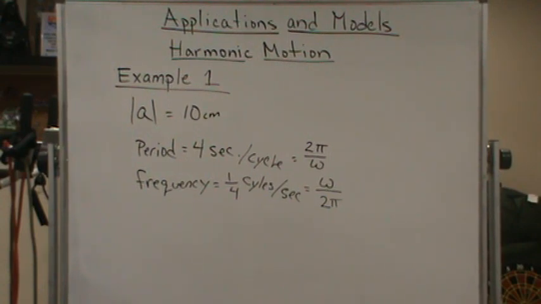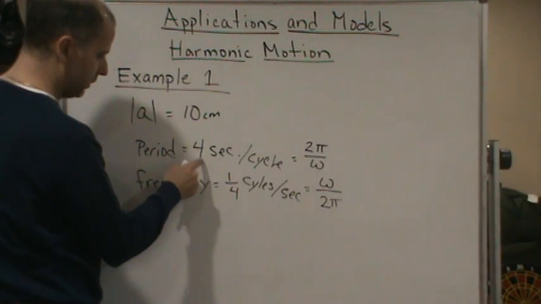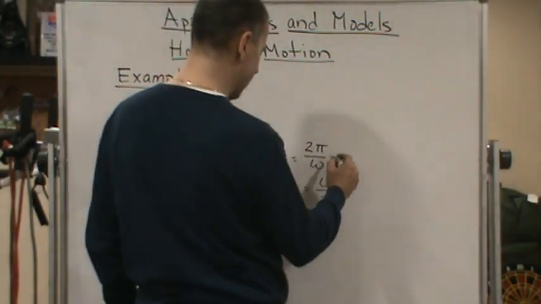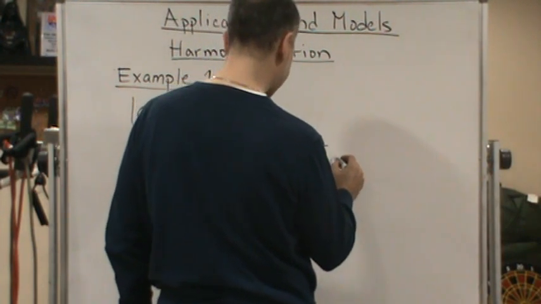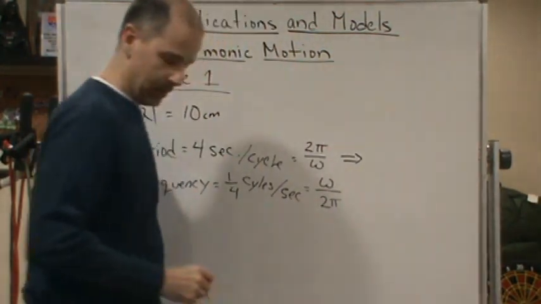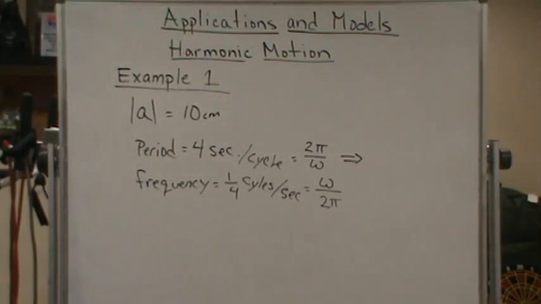Notice that these are reciprocals of each other. So if we use this, we can figure out what omega is by just using our calculator. Let me do that right now.